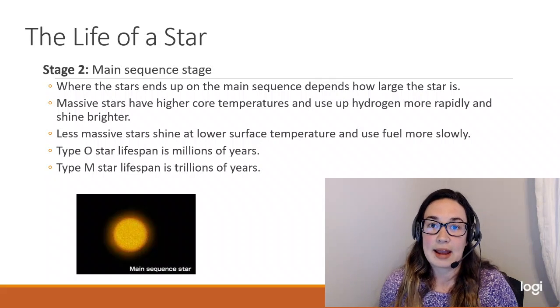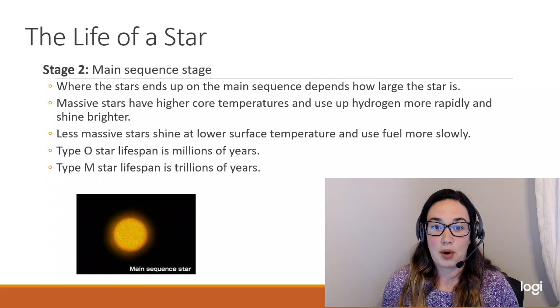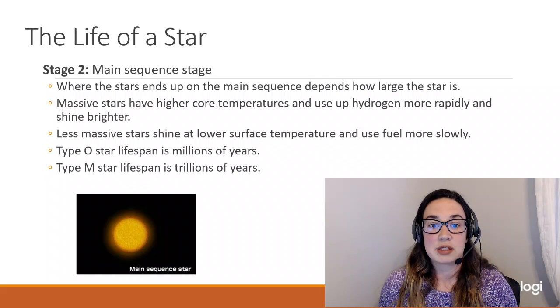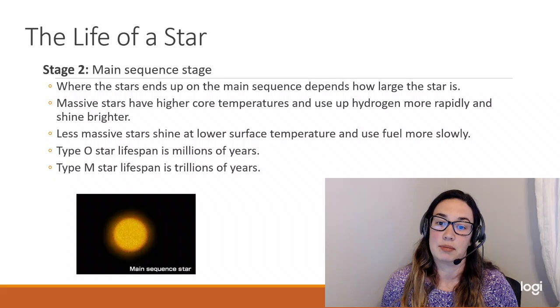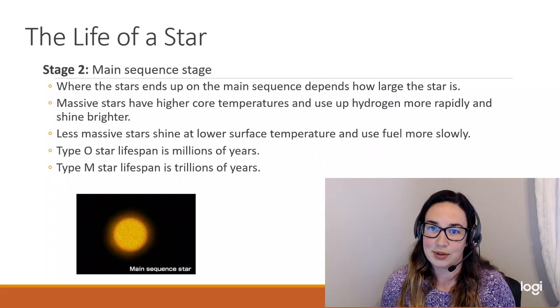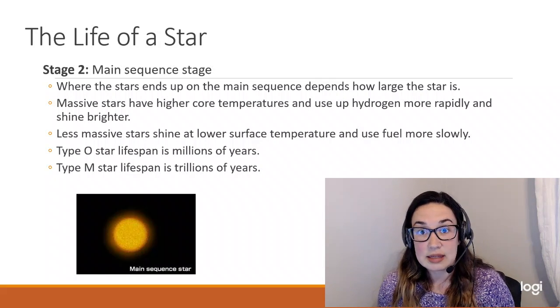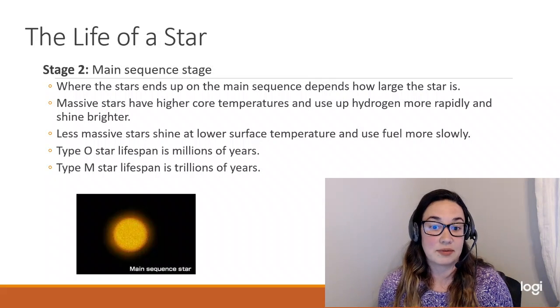So for example, if we have a type O star, that's going to be one of our more massive, very hot stars, and that lifespan is only going to last millions of years. And I say only because stars can last for up to trillions of years, which is the case in our type M classification of a star.